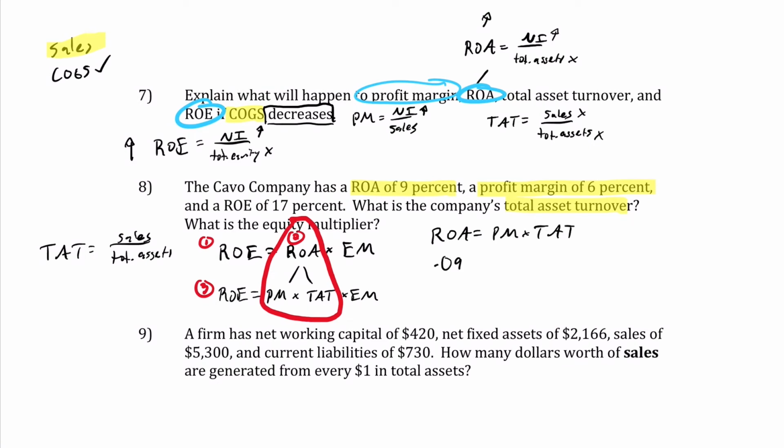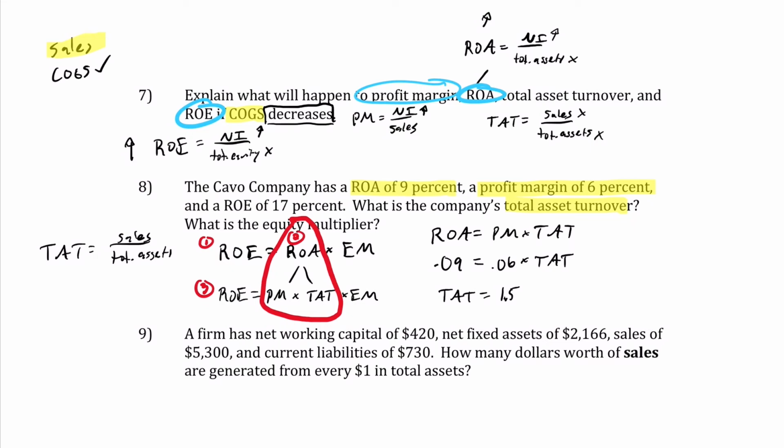ROA is 9%, so insert as a decimal, 0.09. Profit margin is 6%, insert as a decimal, 0.06, multiplied by total asset turnover, what we're solving for. And so when I divide both sides by 0.06 and solve for total asset turnover, I get a total asset turnover equal to 1.5. So for every dollar they're investing in assets, they're generating $1.50 in sales.